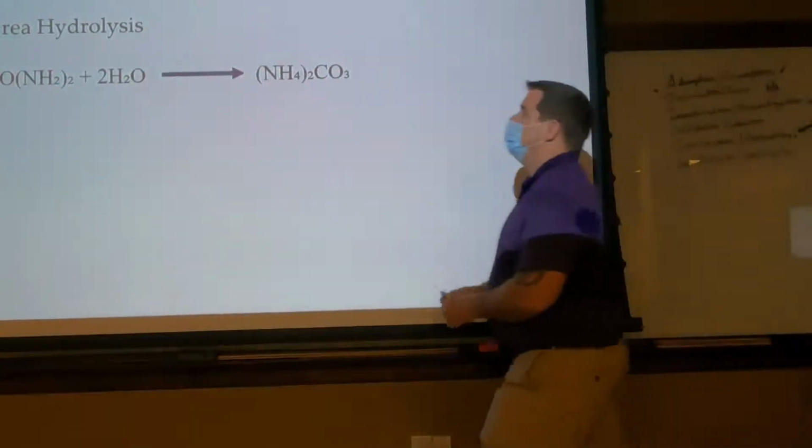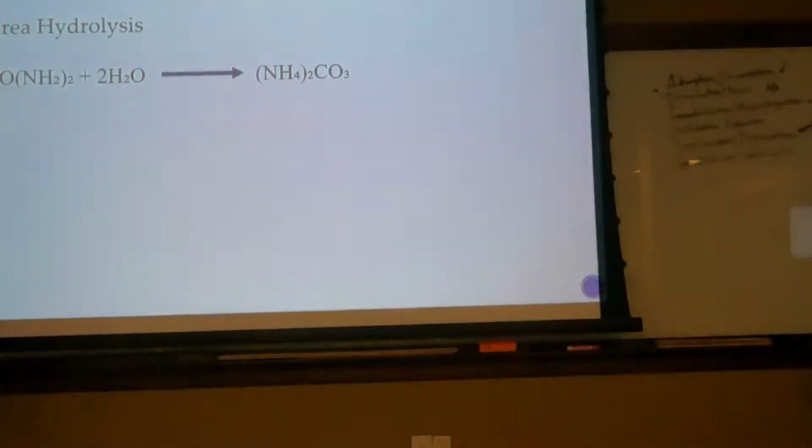Okay. We have our urea fertilizer that we apply to our field. It is not in a plant available form. Our two plant available forms are, what are the two plant available forms of nitrogen?